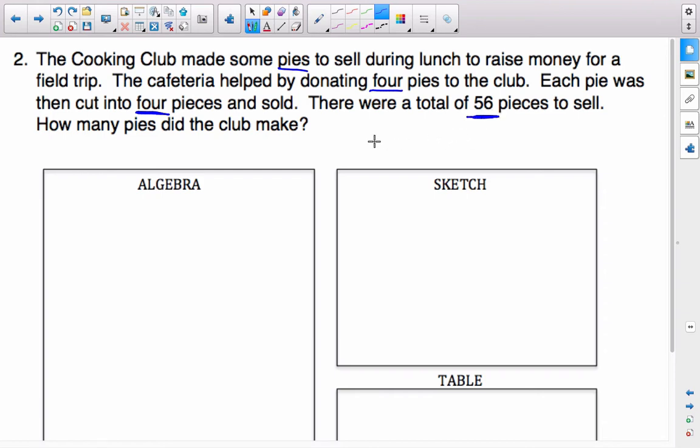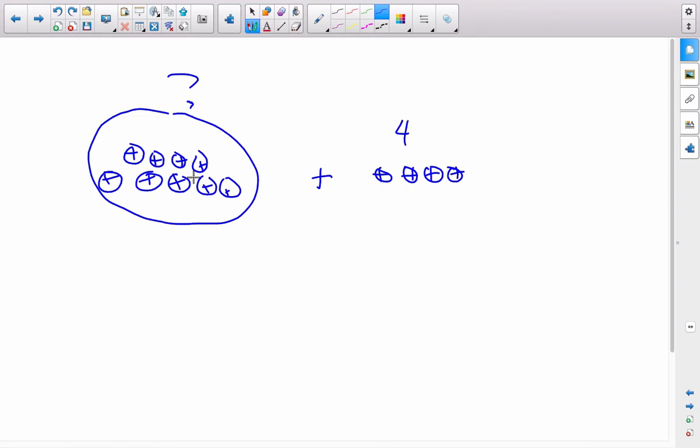So that means that after chopping up all that, there were 56 pieces of pie ready to sell. So when I take all this plus all this, I have 56 slices. Exactly. I make my pie piece. All right, I have 56 of these lovely pie pieces. Okay, cool. That looks great.